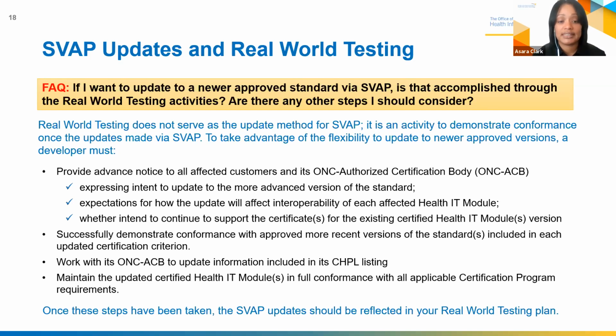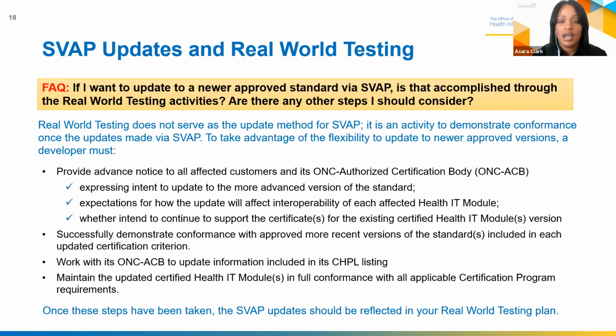You're going to work with your ONC ACB to make sure that these updates are included in your CHPL listing. You continue to hear me say work with your ACB, work with your ACB. Just know that your ACB has the information that you need and knows the requirements for what you need to report to them, as well as to your customers, for making these updates.